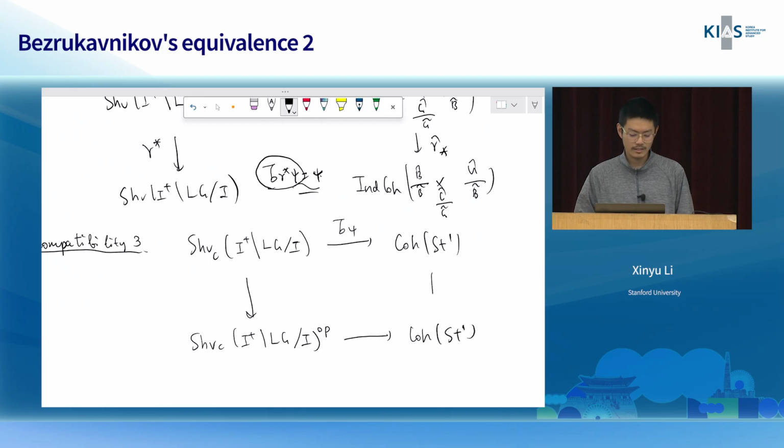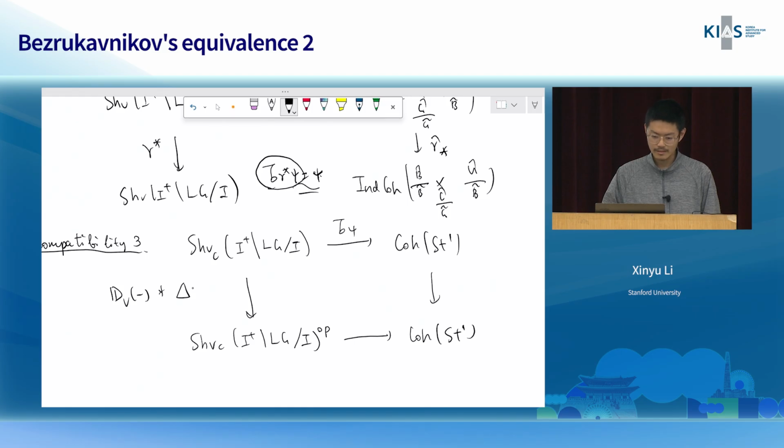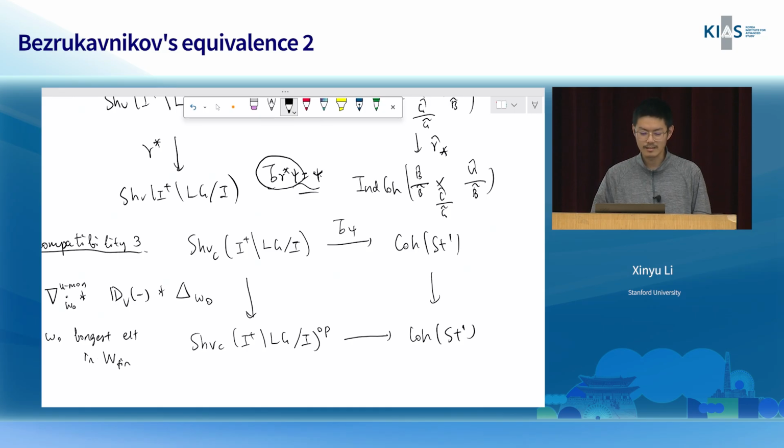So on the automorphic side, this Verdier duality should be twisted by convolving with delta_{w_0} on the right and convolving with nabla_{w_0} on the left, where w_0 is the longest element in the finite Weyl group. And these nablas and deltas are the standard and co-standard sheaves introduced yesterday.